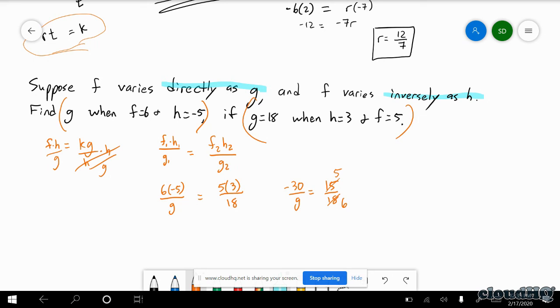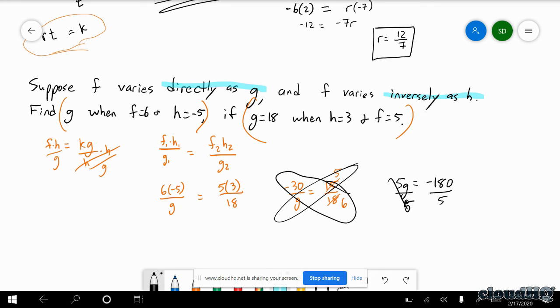Oh, I wrote 5. Sorry, I see. Yes. Oh, I'm dividing by 3. Okay, I'm dividing by 3 and that gives me 5 over 6. Cross multiplication, so I get 5g equals negative 180, divided by 5 gives me negative 36.